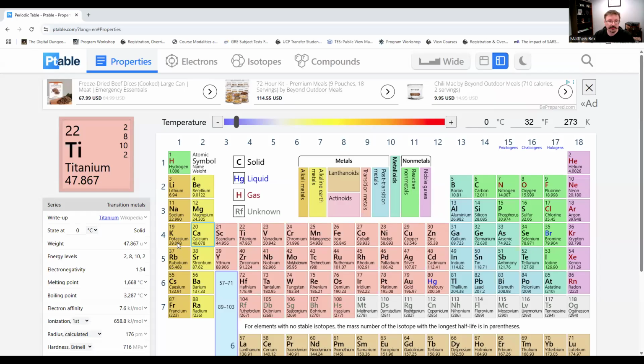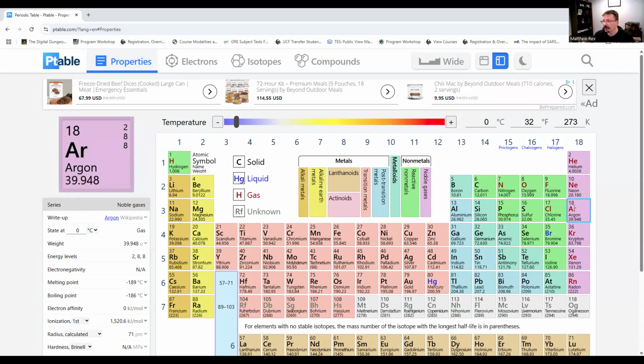There's titanium. So it has 1, 2, 3, 4 valence electrons. And then, like I said, go back to the closest previous noble gas, in this case argon. That's 18 electrons. So out of these 22, 4 are valence and 18 are core.